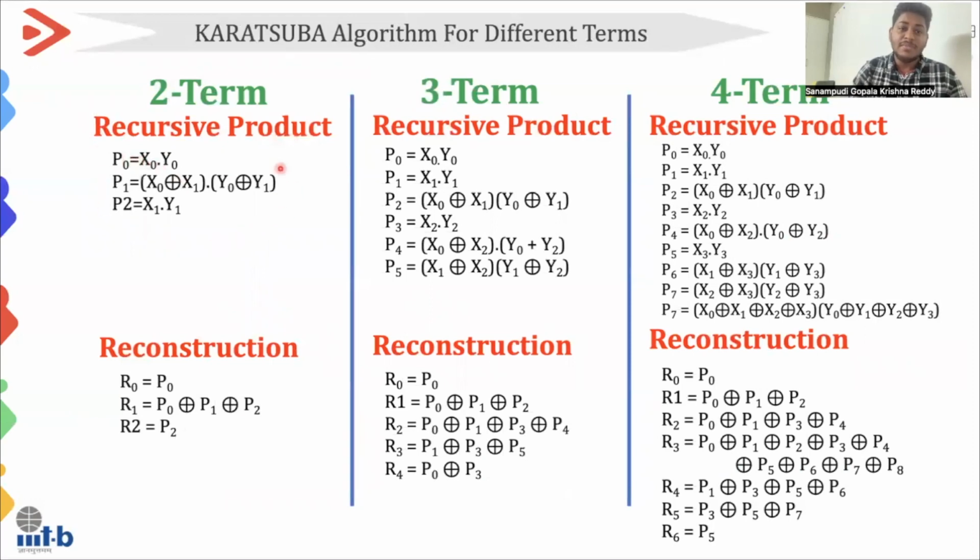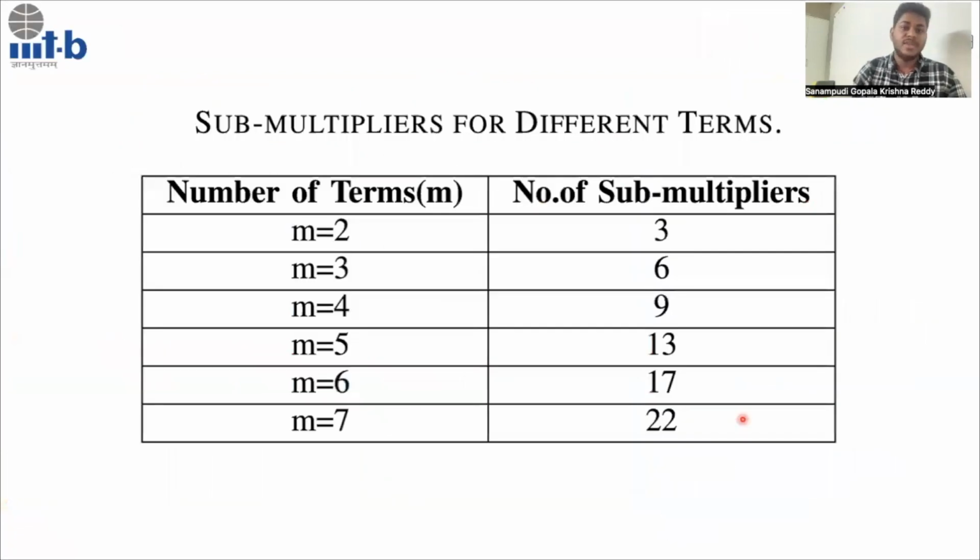These are the 3 multiplications required for Karatsuba, and after generating these products, they can be called recursive products or partial products. We will shift and add these partial products based on these equations to generate the final result. These are the equations for the 3-term and 4-term multiplication algorithms.